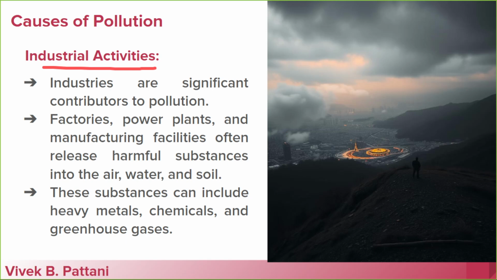In industries, various gases are released during the processes. Various types of heavy metals are used, chemicals are used, greenhouse gases are released in industrial activities, which lead to pollution. So, industries are one of the significant contributors to pollution.